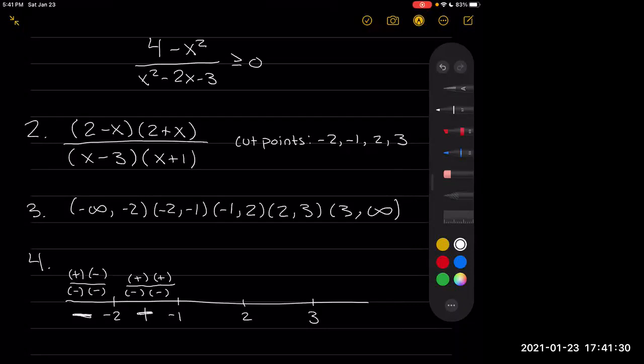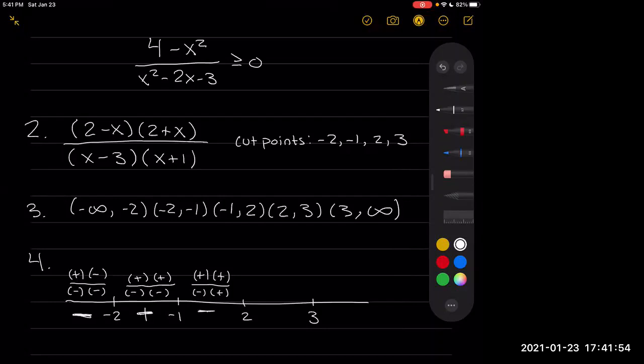Then in between -1 and 2, we can just use a 0. And we will get a positive, positive over negative, positive. So this means since we have only one negative, that makes the whole thing negative.